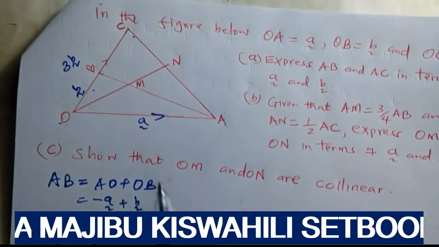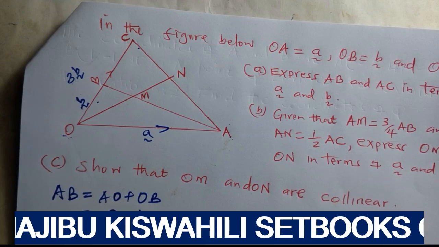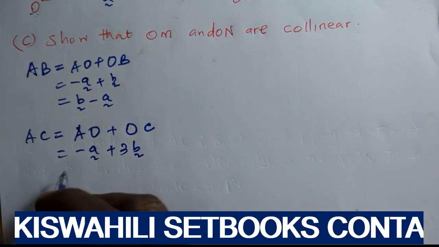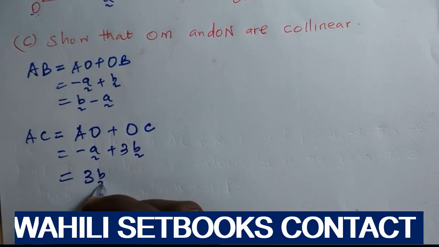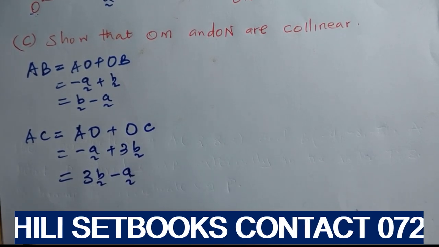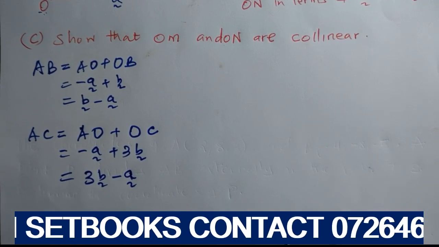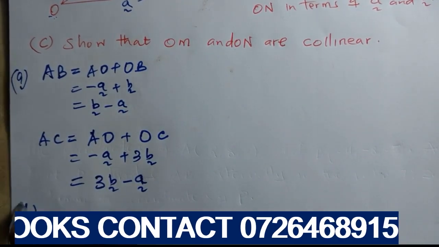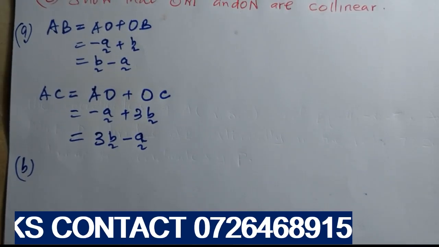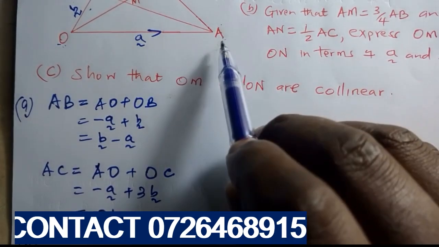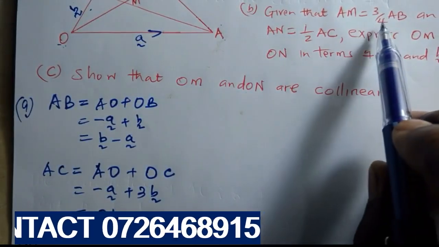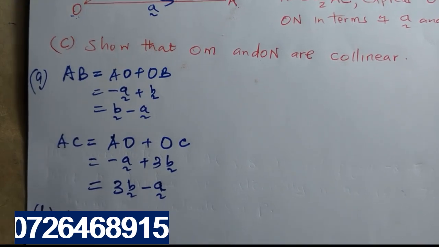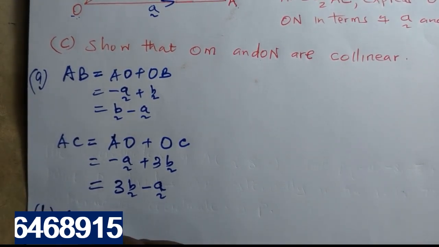OC is 3B, vector 3B, and this is the same as you can start with a positive 3B minus A, like that. So we are done with part A. So part B, we are given that AM is 3 over 4 AB. So AM, that's where we start. AM is equal to 3 over 4 AB.